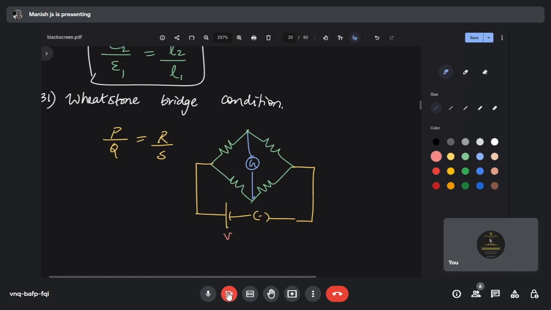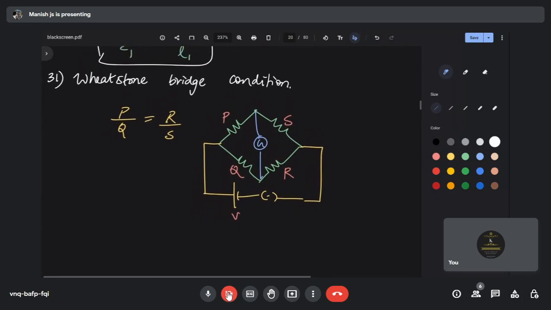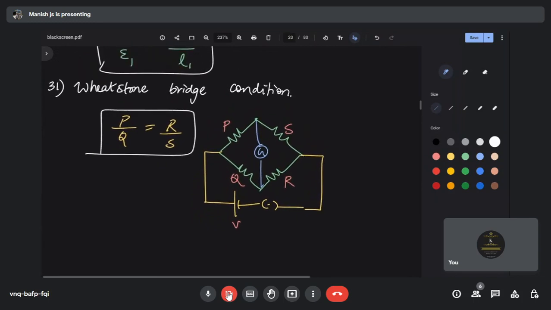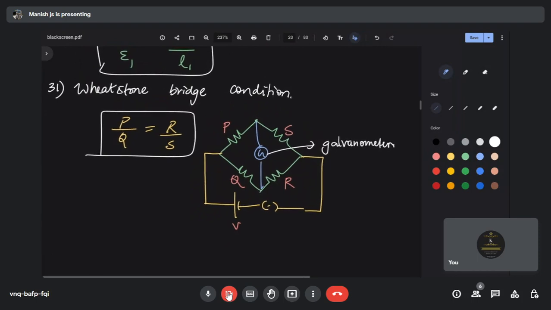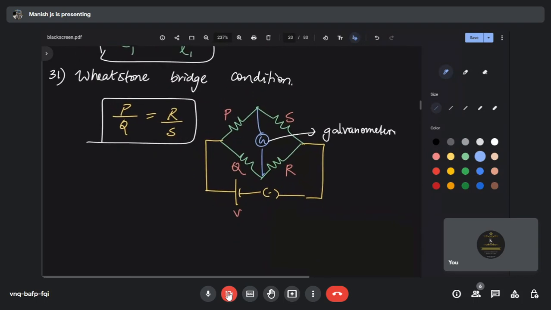The cell with potential V is connected. So you have P, Q, R, and S. So this is a Wheatstone bridge balancing condition. Here G is your galvanometer. Under balanced condition, the galvanometer wouldn't show any deflection. Basically, the pointer would point out 0.